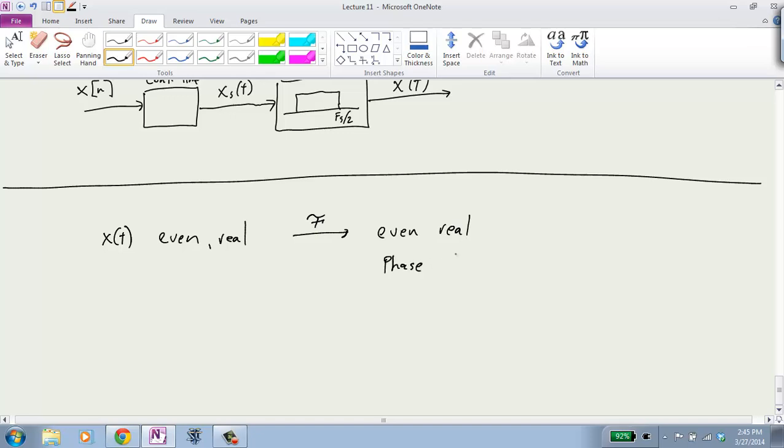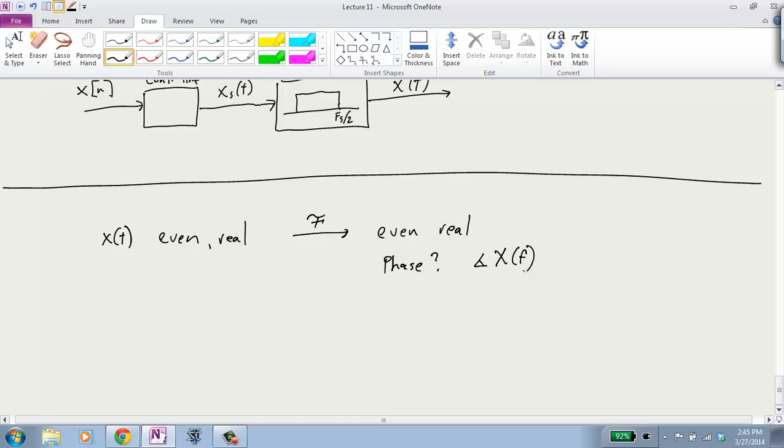So if it's even and real, what is the phase? We often like to separate a Fourier transform into magnitude and phase. So what's the phase of an even and real function? We want to know the phase of x of f. Well, if it's real, then the phase is 0.